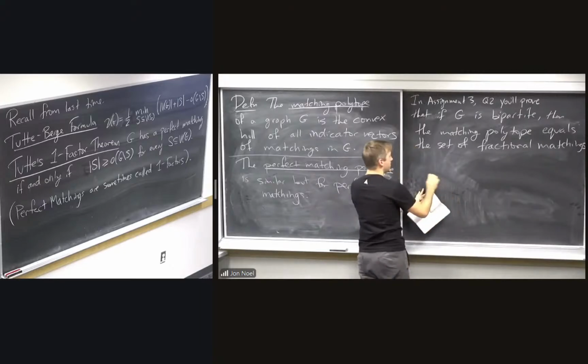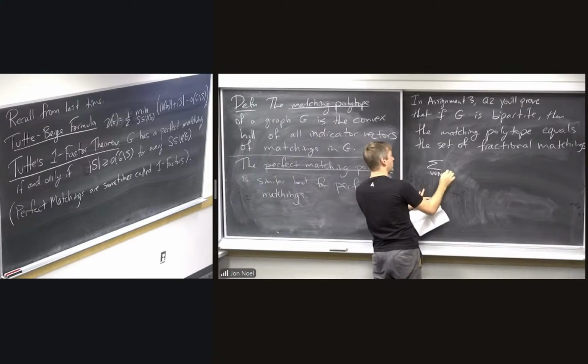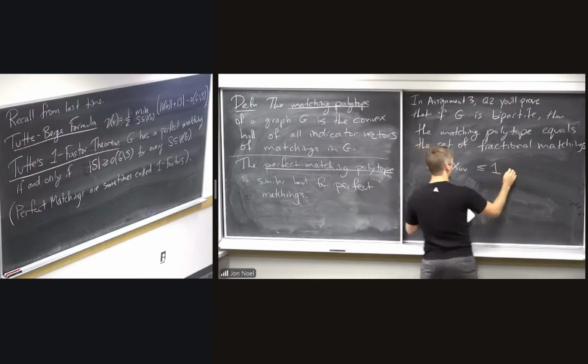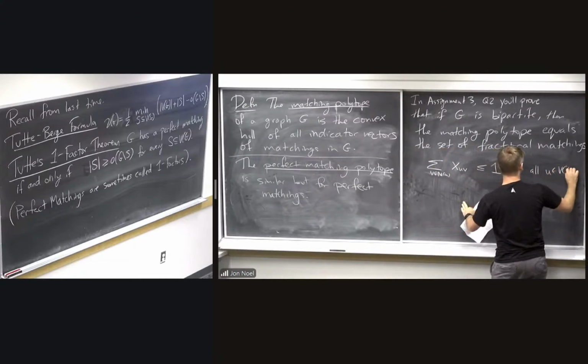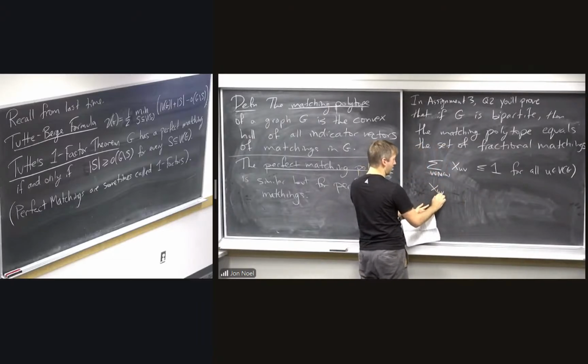Okay, a fractional matching, remember, all it means is that for every u, the sum over all v in the neighborhood of u of x_uv is at most 1, and all of the entries are non-negative.